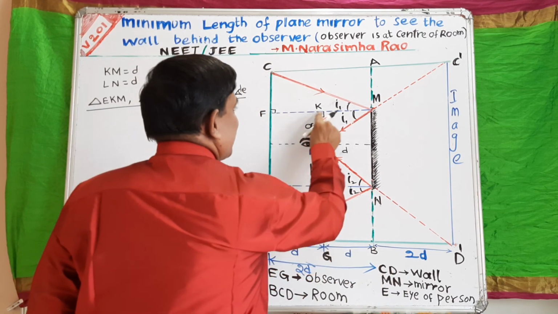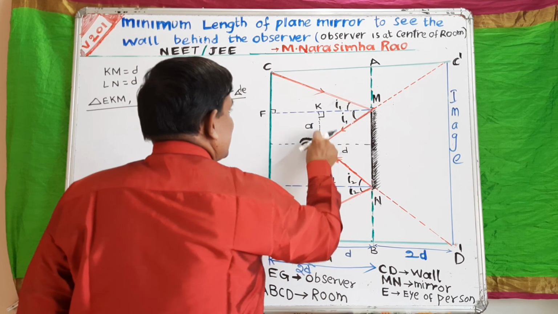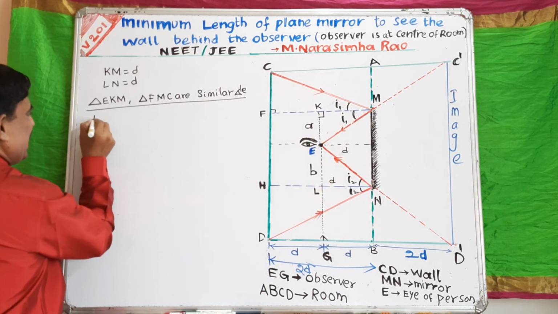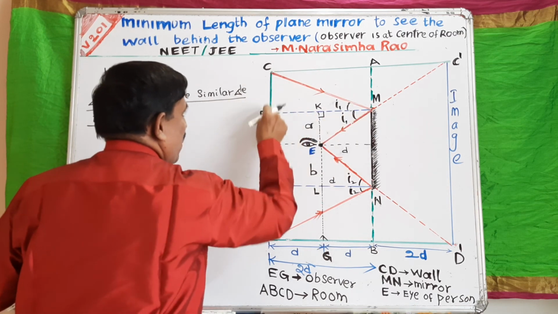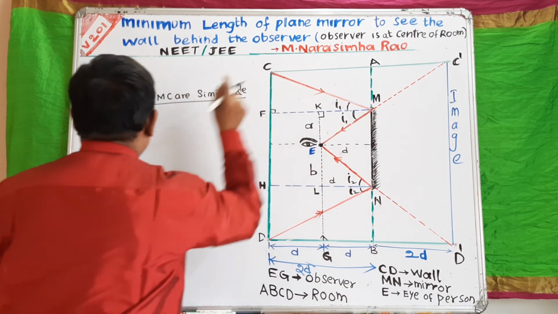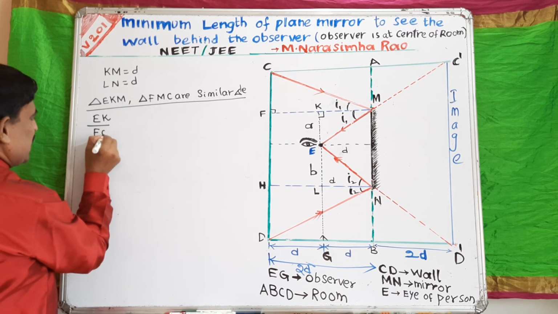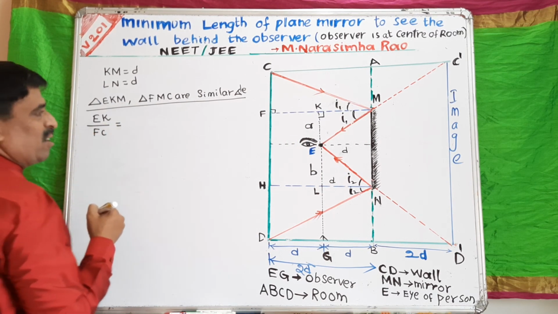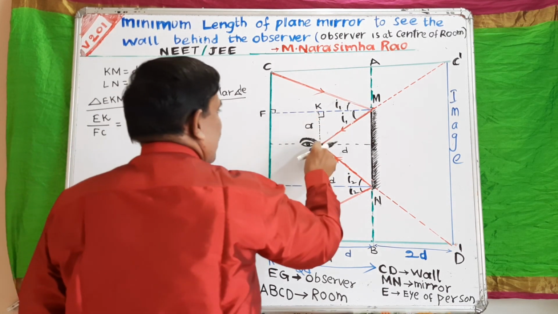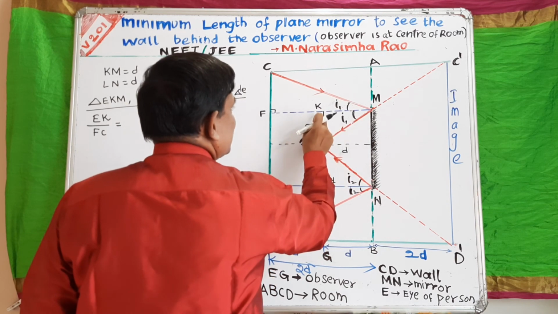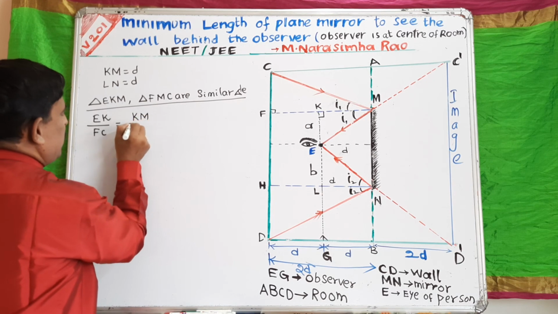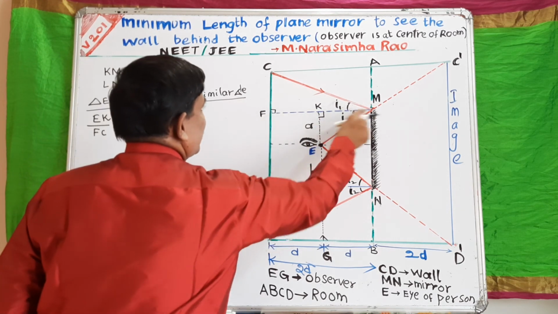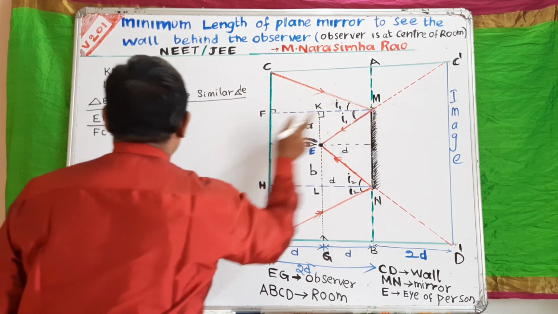Here, in this triangle, base is EK divided by, in this triangle, base is FC. That is equal to, in this triangle, height is KM, divided by, in this triangle, height is FM.